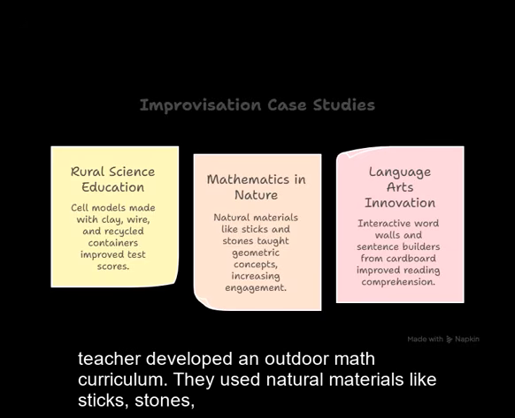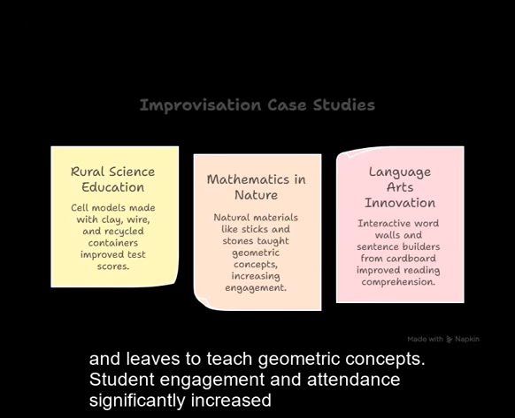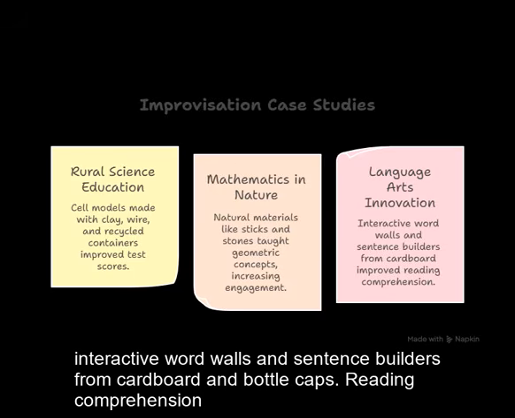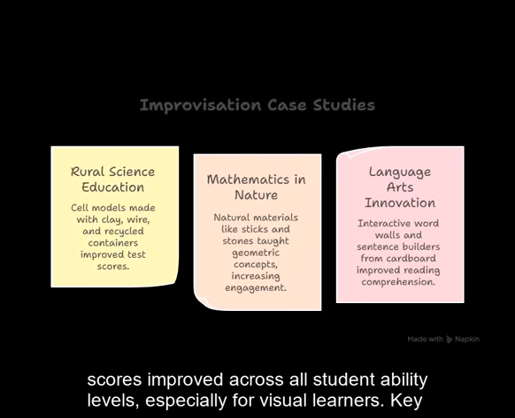They used natural materials like sticks, stones, and leaves to teach geometric concepts. Student engagement and attendance significantly increased on outdoor math days. Language arts innovation. A language arts instructor created interactive word walls and sentence builders from cardboard and bottle caps. Reading comprehension scores improved across all student ability levels, especially for visual learners.